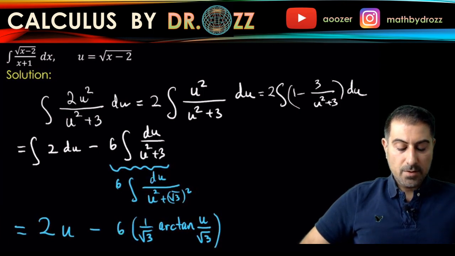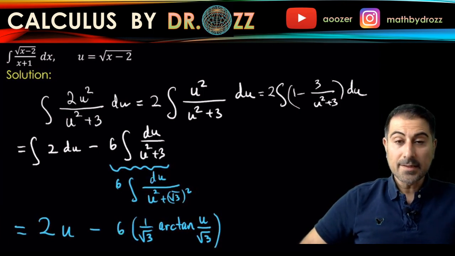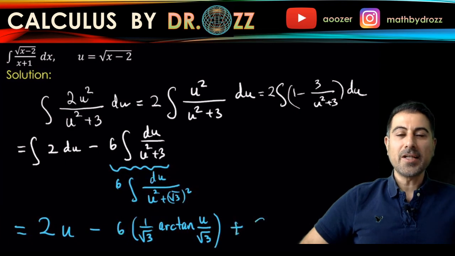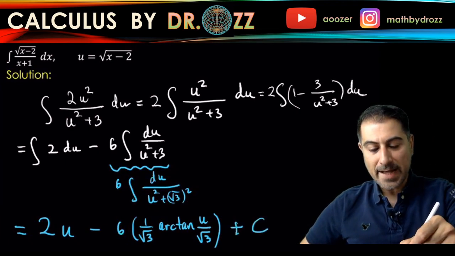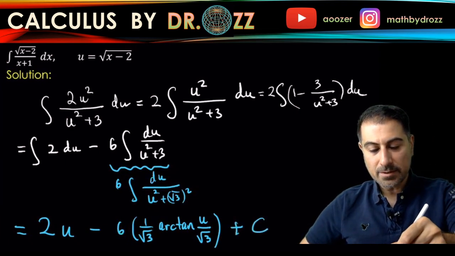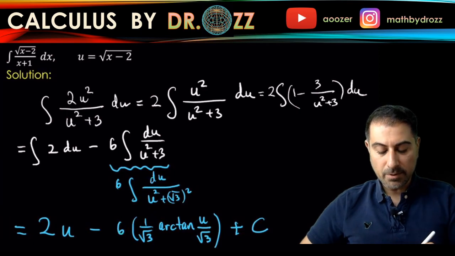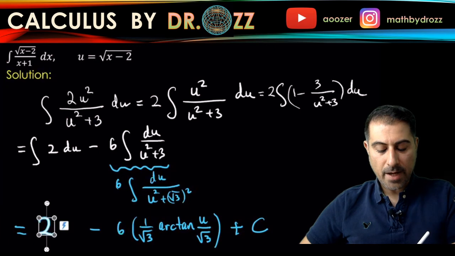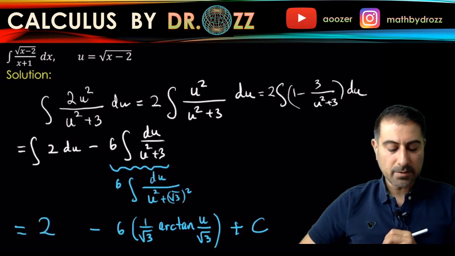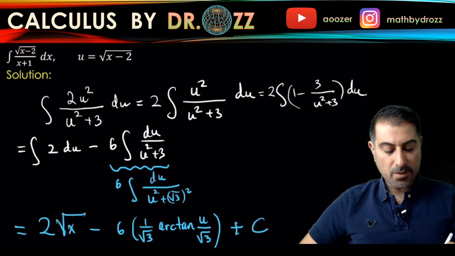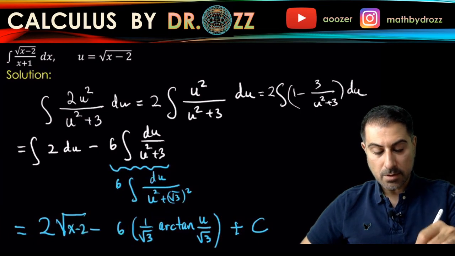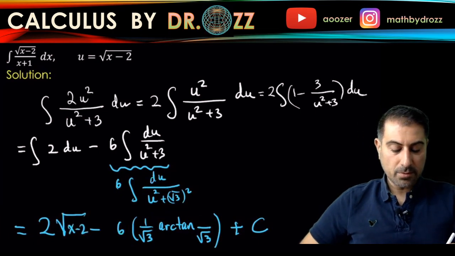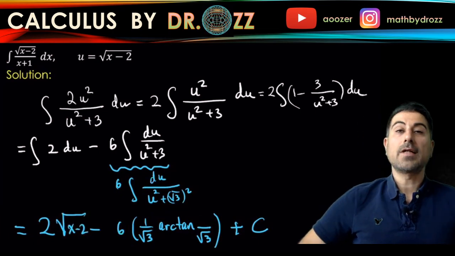All right, so I'm going to put an integrating constant. But remember, the original integral was in x, so I'm going to go back to the x variable here. I'm going to replace this u by radical x minus 2, as well as this u in arctan. So that is also radical x minus 2 at the top.